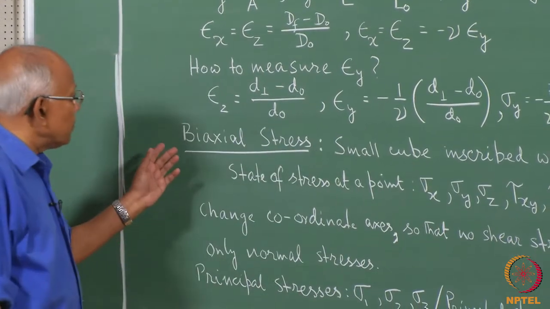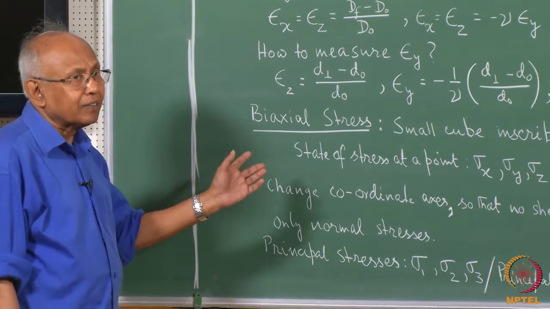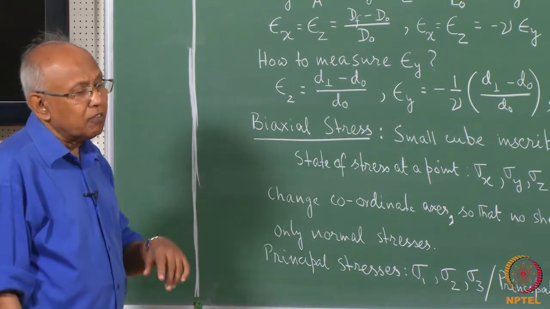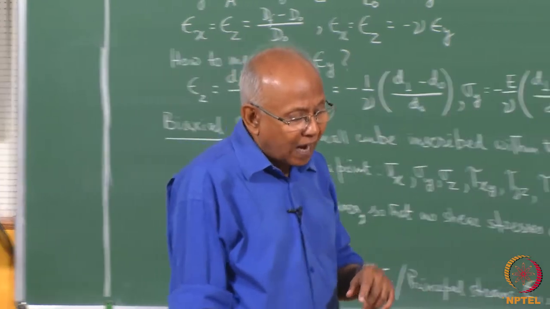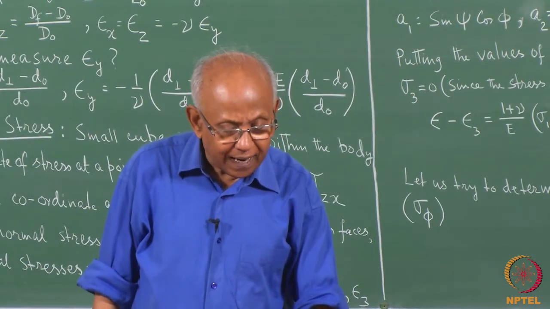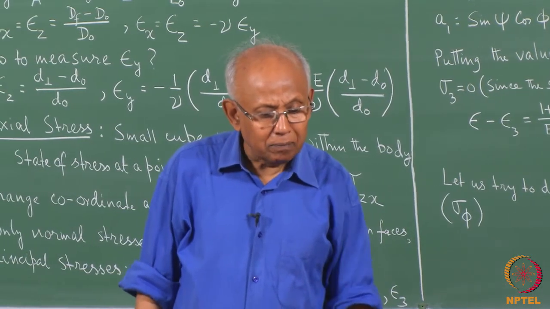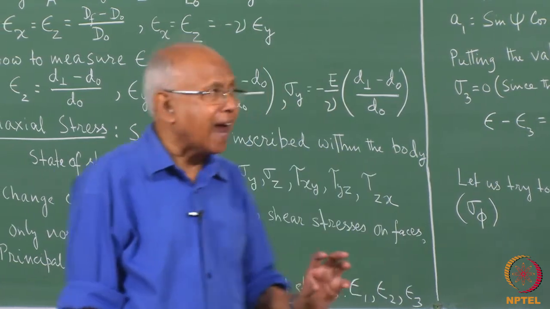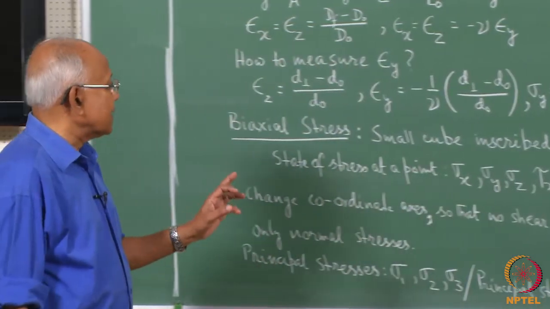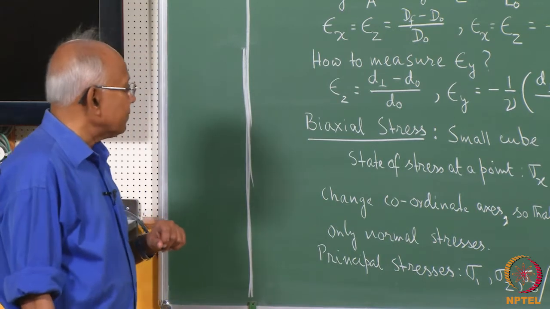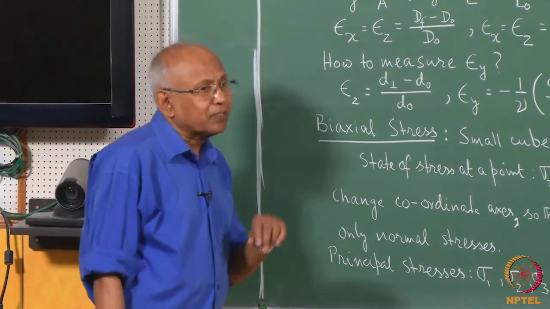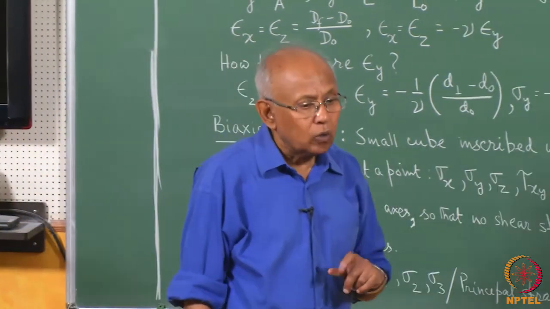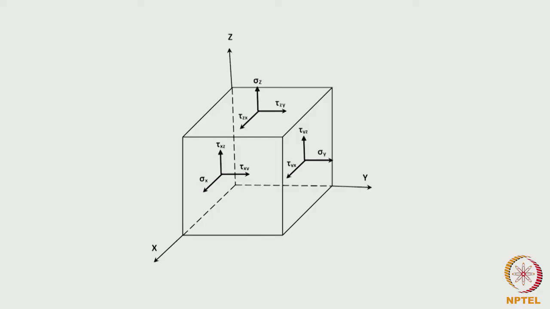Now, I will go to biaxial and triaxial stresses, which we normally find in an actual material. In an actual material, if we inscribe a small cube within the material, the state of stress at a point will be given by these components.